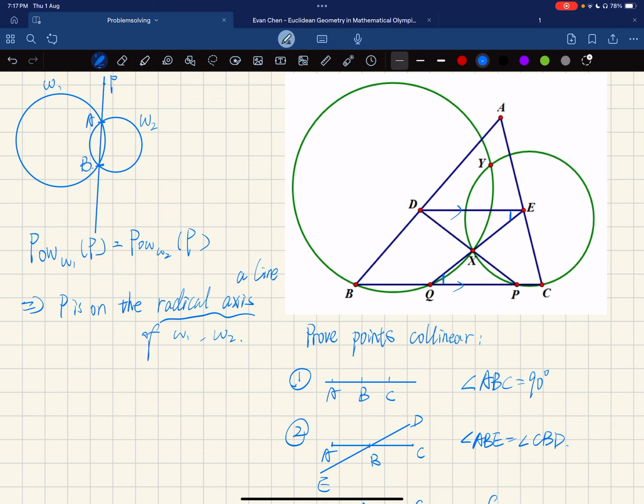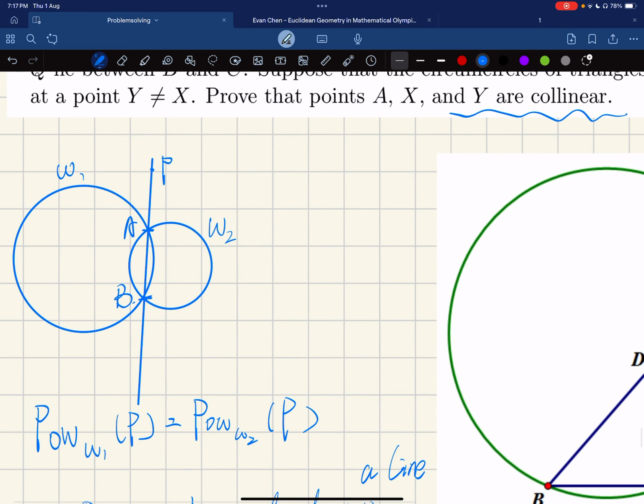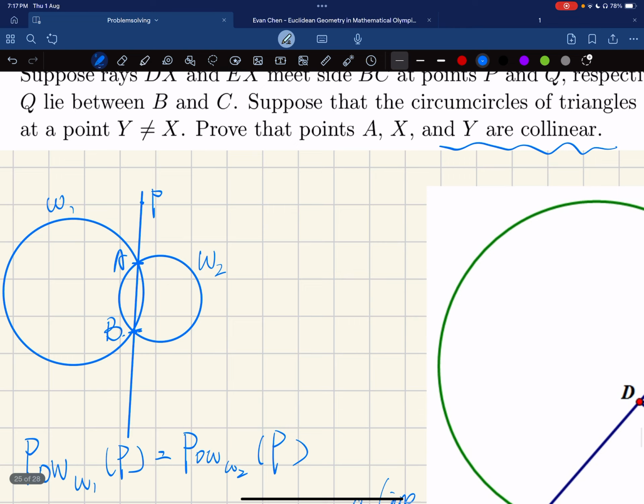After having this, if there are two circles intersecting at 2 points A and B, it is easy to prove that the power of A to omega 1 equals 0, right?